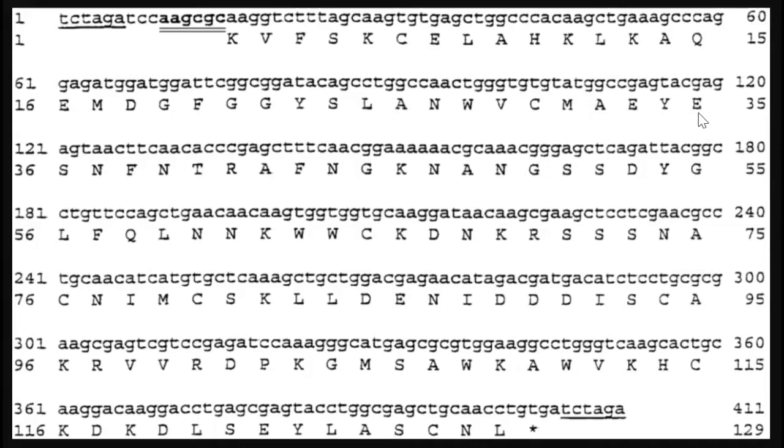So suppose that a mutation happened and instead of GAG, this became GTG. Well, we can look at what happens as a result of that, because the genetic code, the correlation between these nucleotide sequences and the amino acids they code for, that's very well known. So we can look at what happens if GAG changes to GTG.